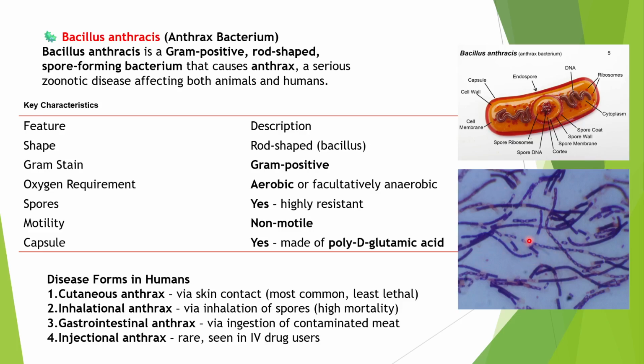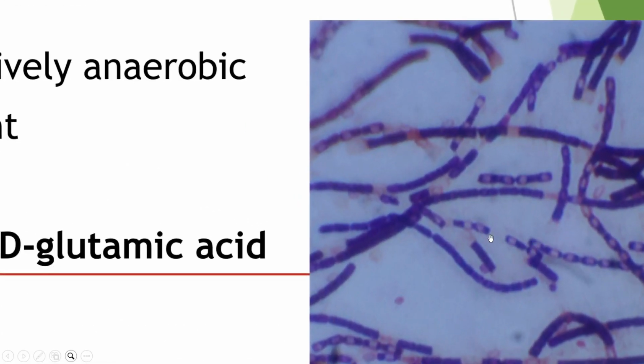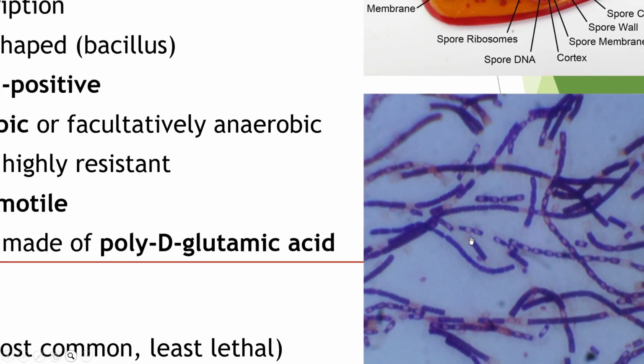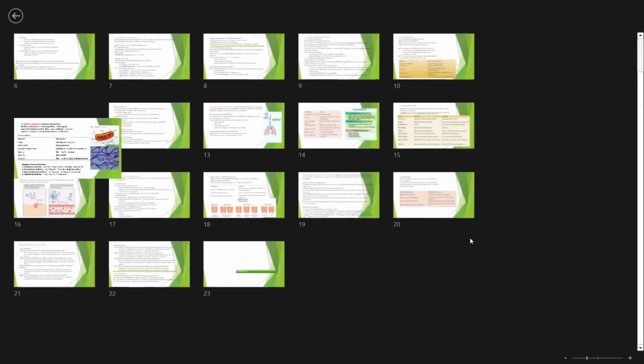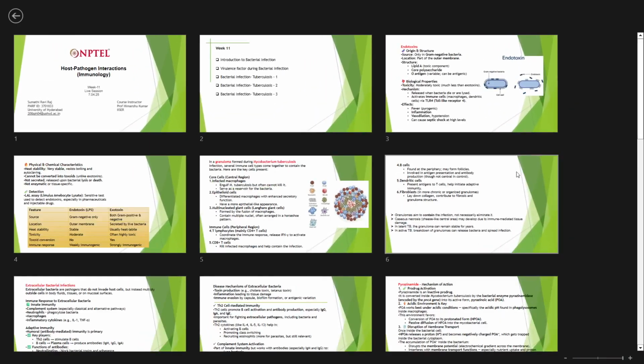So you can see here, this is the bacteria, and in the center you can see the spores in it. So it's a rod-shaped gram-positive bacteria with endospores present.